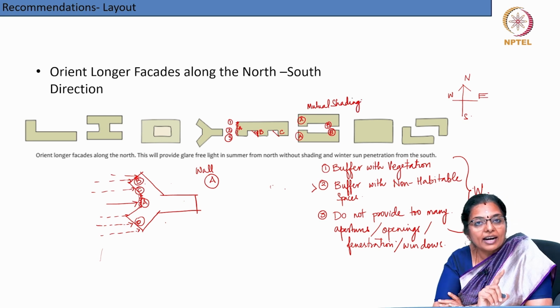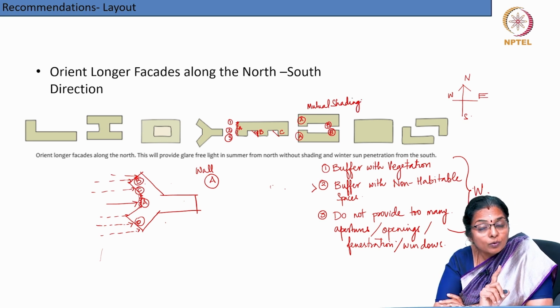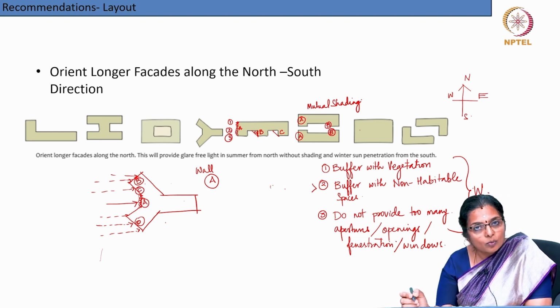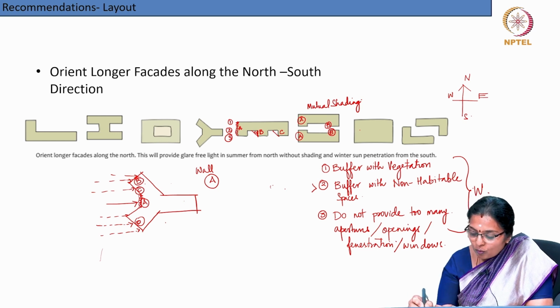I am talking right now only from the point of view of solar radiation. This we have been discussing quite often during the course of this class, and you know what is an area of concern. You have to have 1, 2 and 3 here. Whereas in this option again you have wall A and B as the major area of concern.